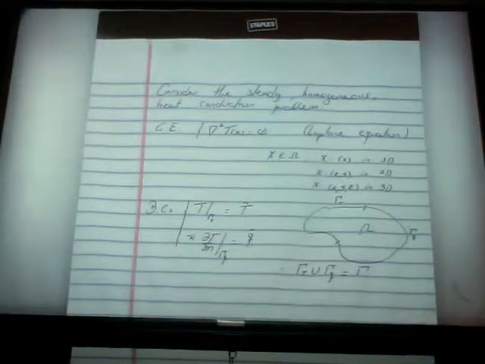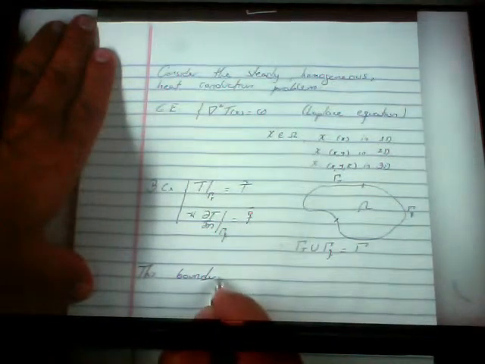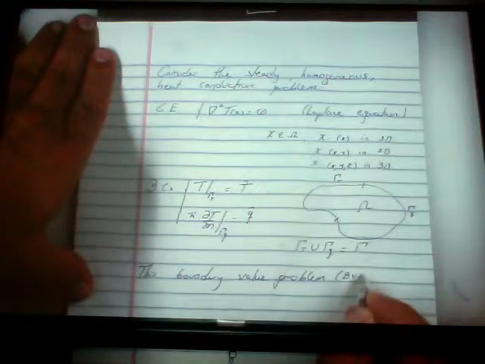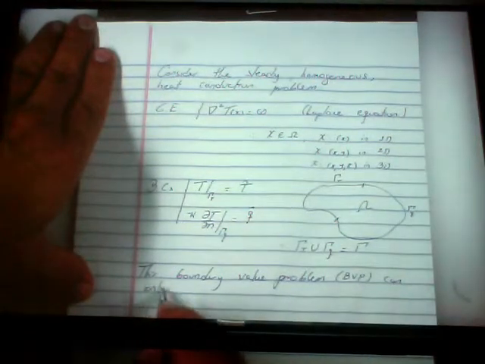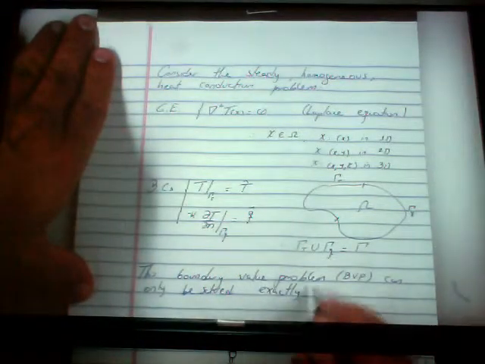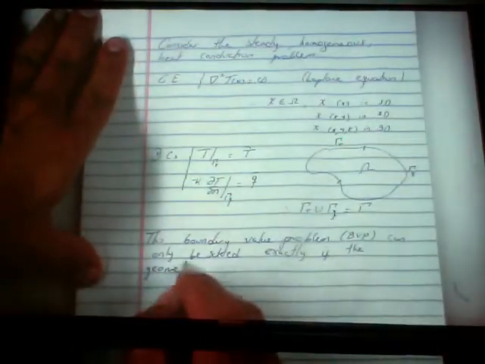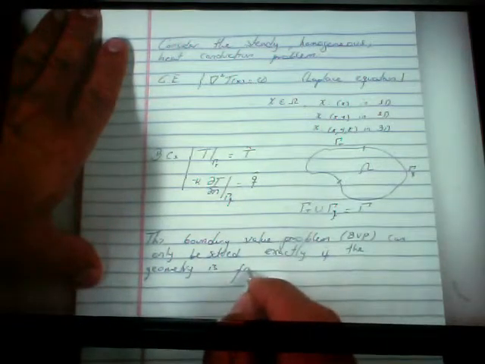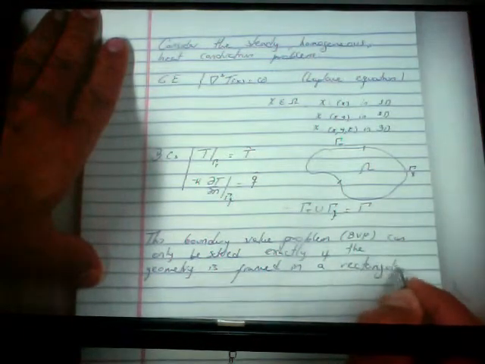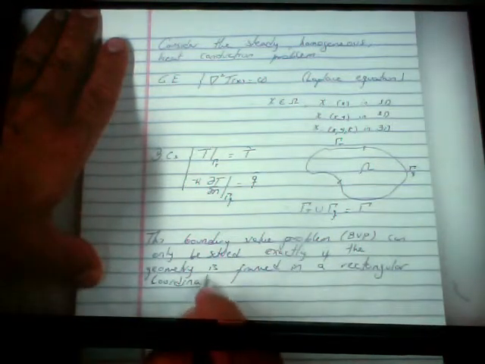So, this boundary value problem, BVP, can only be solved exactly if the geometry is framed in a rectangular, that would mean coordinate system.